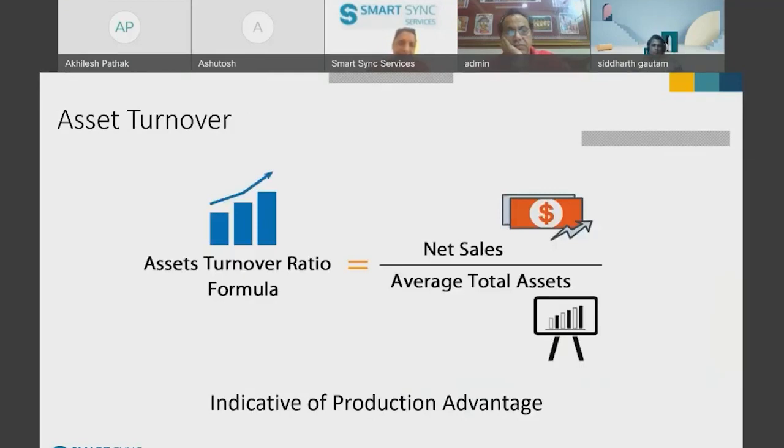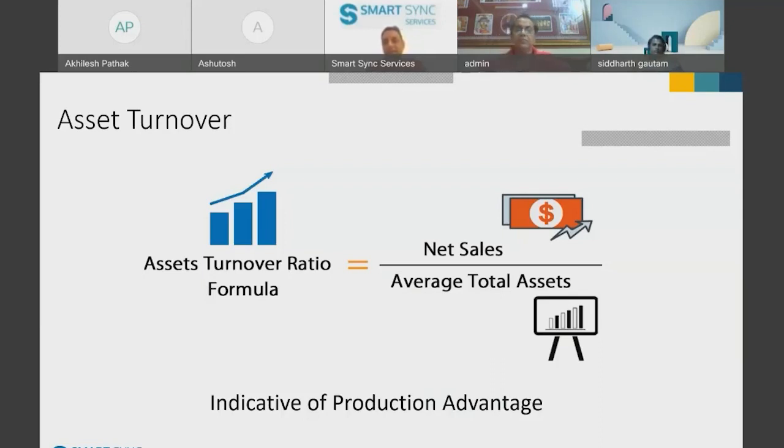The second is asset turnover. So asset turnover is net sales by total asset. So what does it mean? As the mathematical formula says, the more sales you can generate from the least amount of total asset, the better it is for your company.